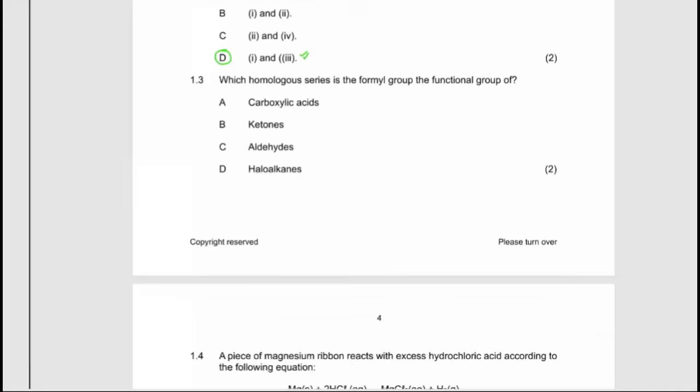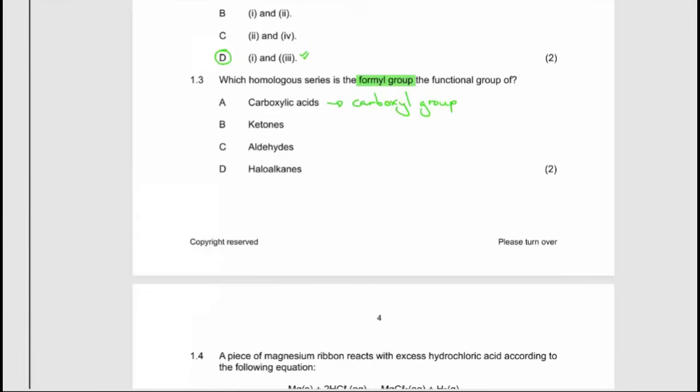Then we proceed to question 1.3, which reads: which homologous series has a formyl group as the functional group? Start with the carboxylic acid. The name for the group in carboxylic acid is the carboxyl group, so automatically you can see this is the wrong option.